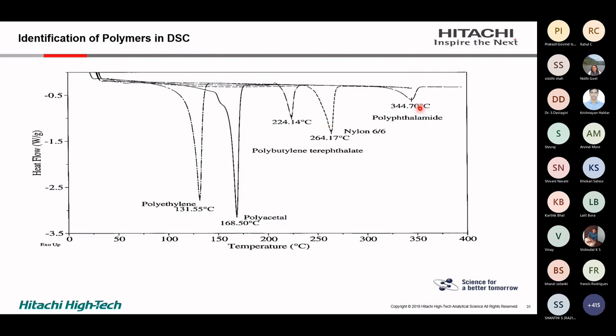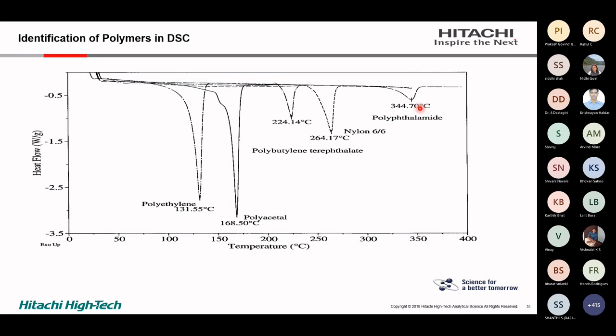By just looking at the graph, one can make out what type of polymer it is. That is the advantage of DSC. You don't need very specialized knowledge to quickly identify whether it is nylon 6,6, polyethylene or polyacetal, and so on. So DSC is a very quick tool to identify the polymer on the basis of its melting range.